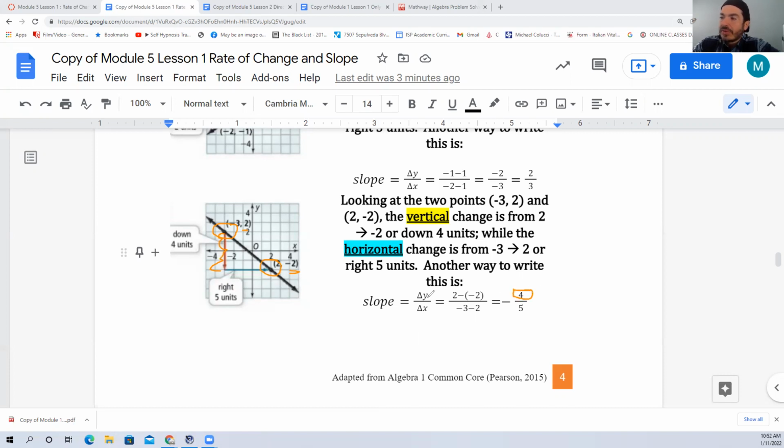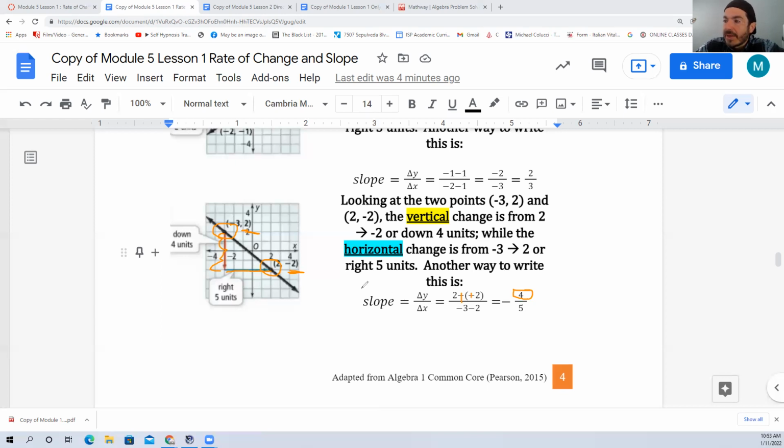And notice when you calculate change arithmetically, procedurally, they're using subtraction. They took this number and they subtracted this number. But a 2 minus a -2, remember, minus means to add the opposite of. So this became 2 plus 2, and they ended up with 4. Okay, so now my run. They went right 5. 1, 2, 3, 4, 5.